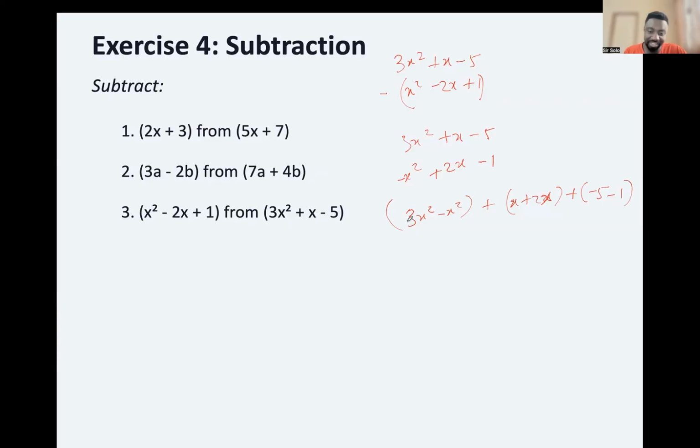So 3 minus 1 is 2 for x squared, and 1 plus 3 minus 3 gives 5x. Then minus 5 minus 1, you got minus 6. So the final answer is 2x squared plus 5x minus 6.